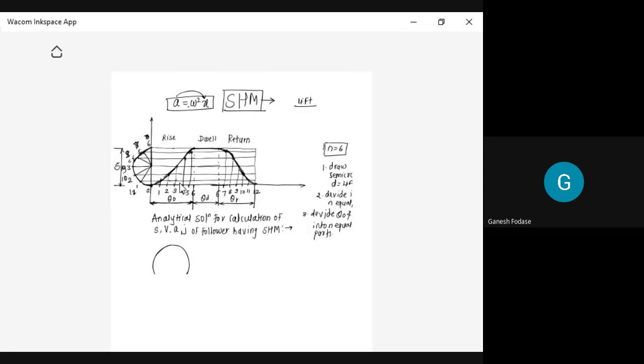Actually I drew this, but it might not be visible to you. So I'm again drawing here. Let's say this is the center of this circle.